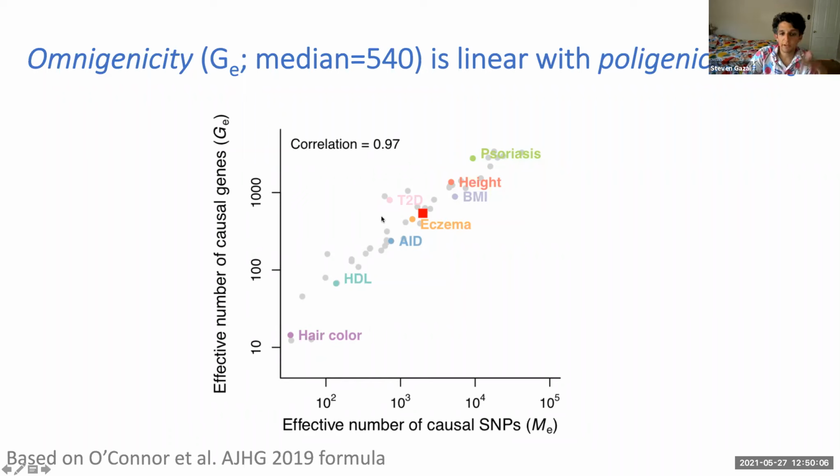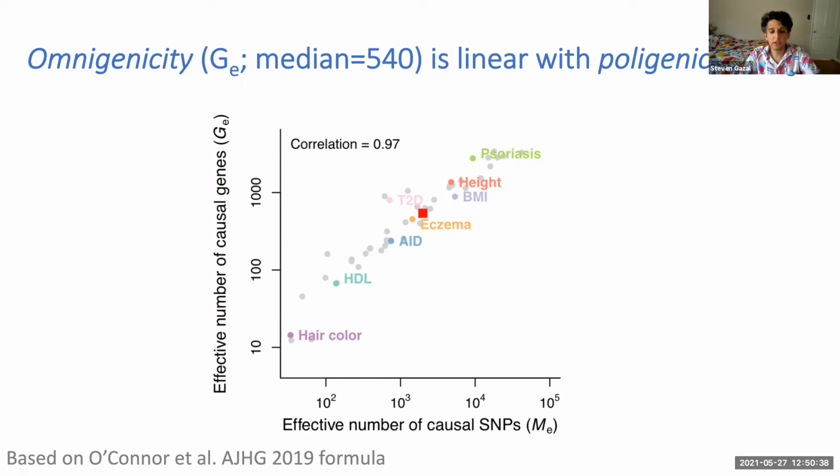What we observed is that the effective number of causal genes for a trait is around 500, with some numbers being very low, for example for hair color, which is around 10, or HDL, which is less than 100, to very, very high. For height and BMI, it's more around 1,000, and for psoriasis, it's around 3,000, which is very high.